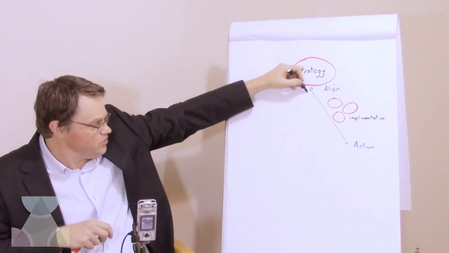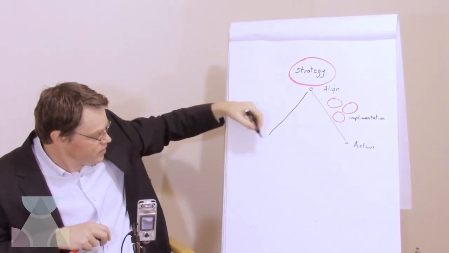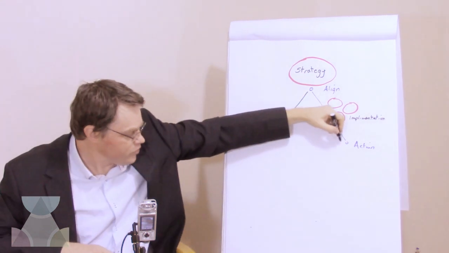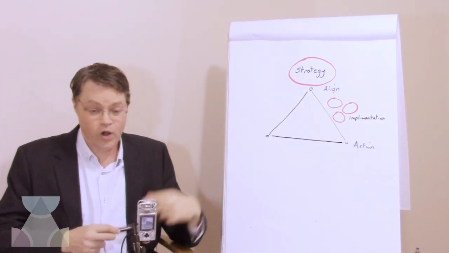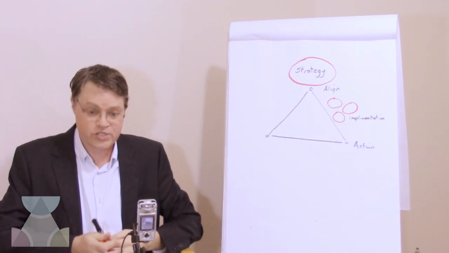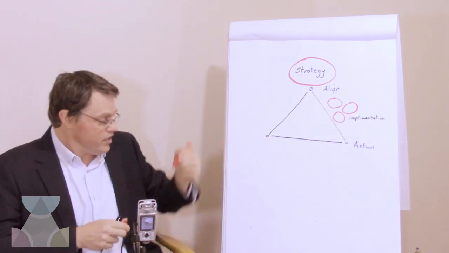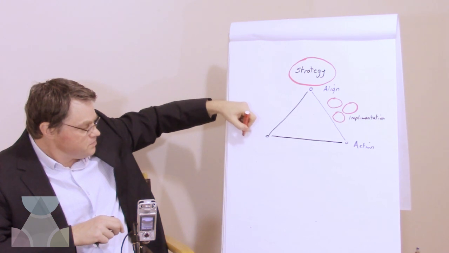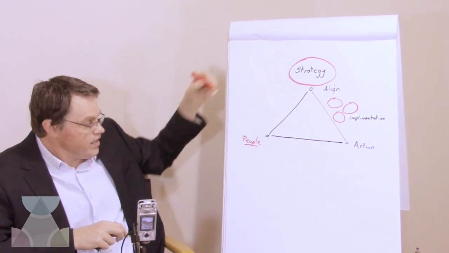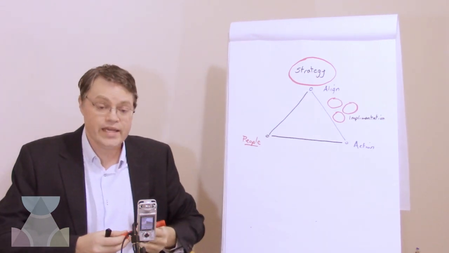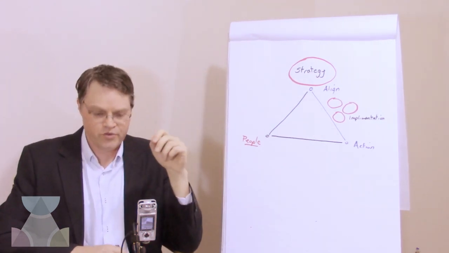Okay, so why do these projects get stuck? This takes us back to our first corner, which is people, or you could also call that leadership. Unfortunately, leadership is a word that gets used over and over again, and pretty much no one knows what it means anymore. So if you think in terms of people, these are the people who have to execute or implement this strategic breakthrough project.